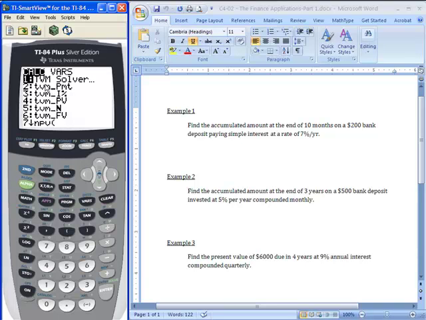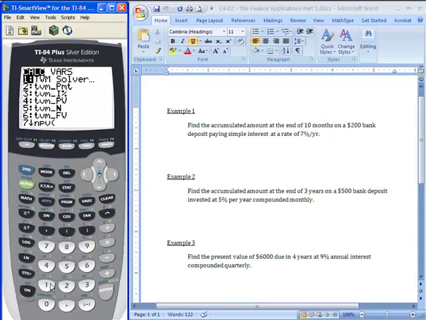What I'd like to focus on in this video is the TVM solver, time value of money. That's what all these finance formulas do, is they take money and they move it around in time and they give us equivalent values subject to some kind of interest schema, that is an interest rate and a compounding frequency, and we get equivalent amounts of money at different points in time.